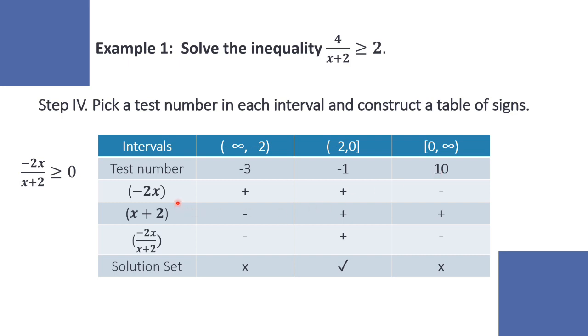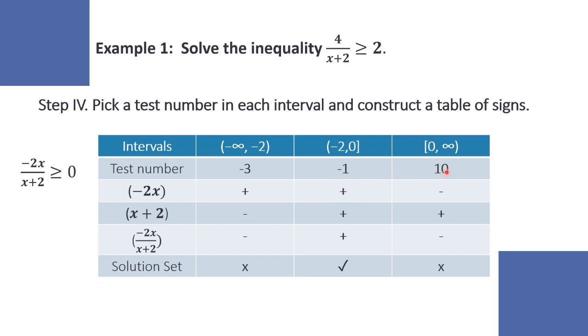Then test now. The numerator, negative 2x. If x is negative 3, substitute negative 3 for the variable x: negative 2 times negative 3 is positive 6. Therefore it is positive. Next, negative 1: negative 2 times negative 1 is positive 2, so positive.